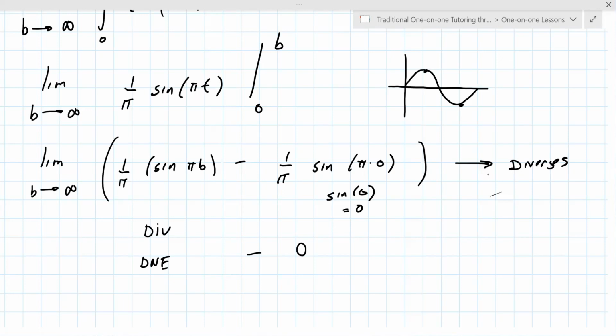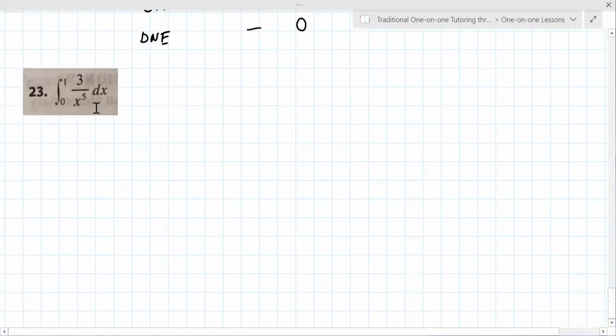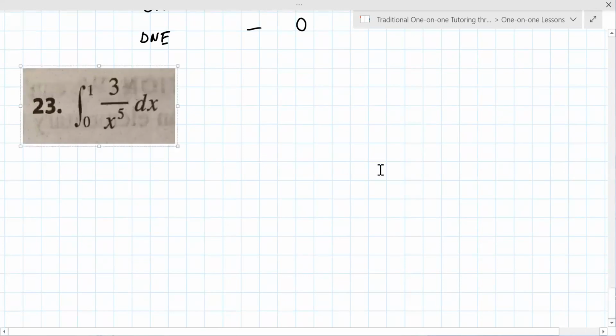How about 23? All right, so the graph of 3 over x to the 5th has a problem at 0. It's got an asymptote there, so it looks something like this.